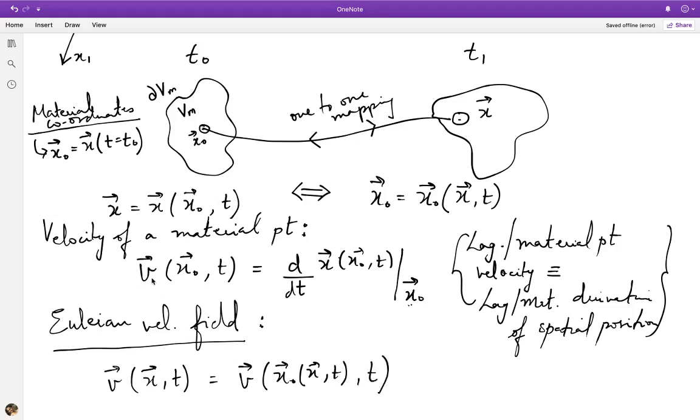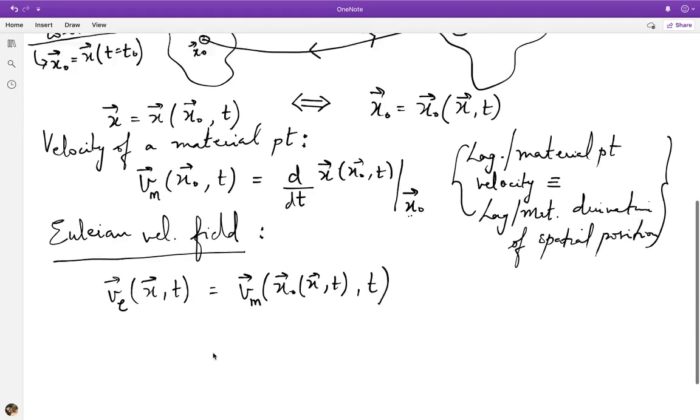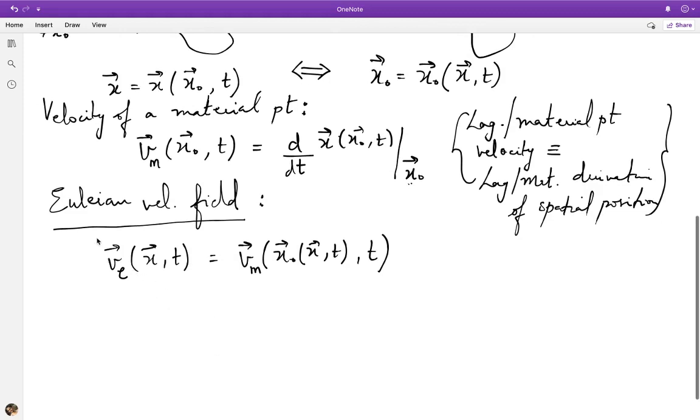Yes, so if I want to distinguish the two, let me put a subscript here and say this is the material velocity, this is the Eulerian velocity. The Eulerian velocity is the material velocity if I use the transformation between material coordinates and spatial coordinates. All right.